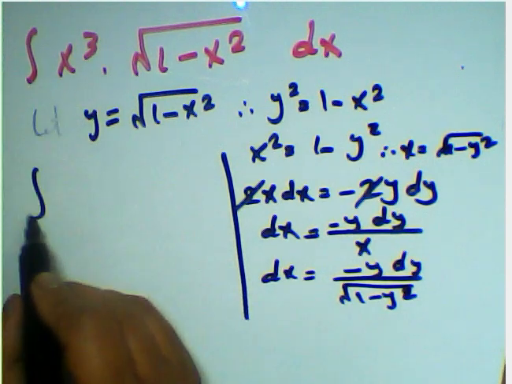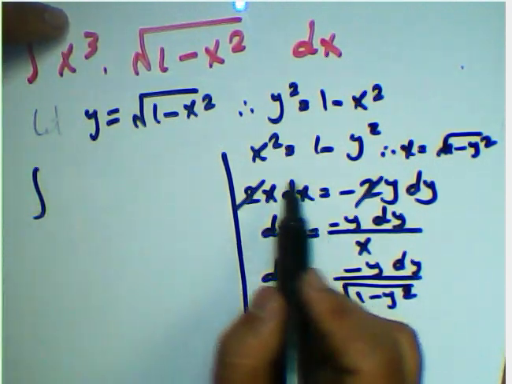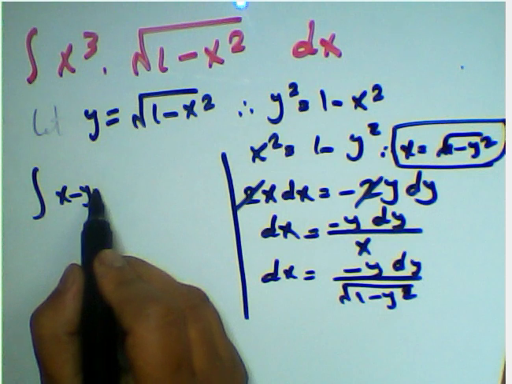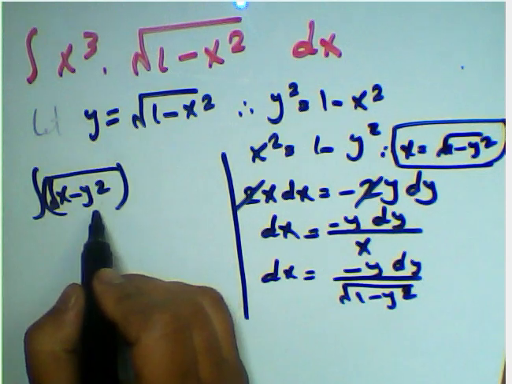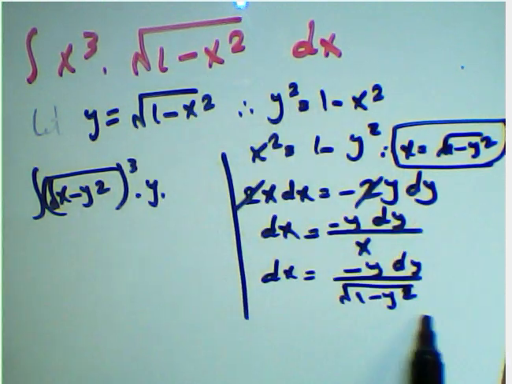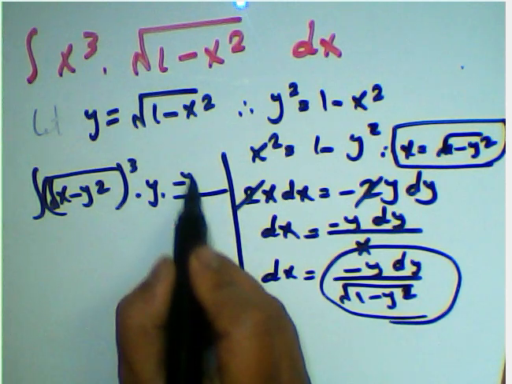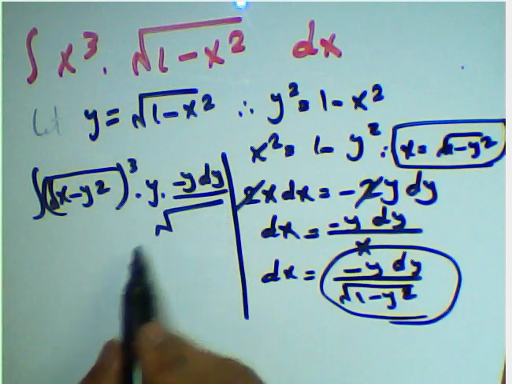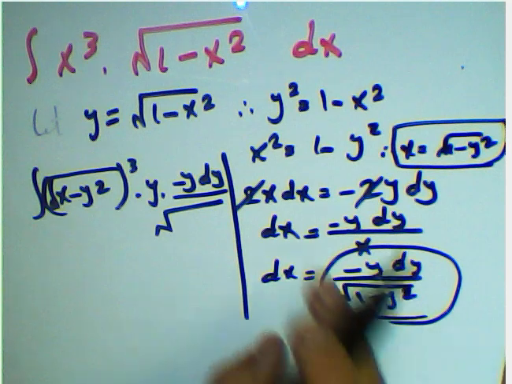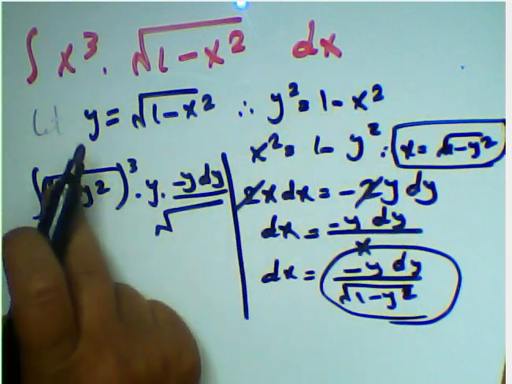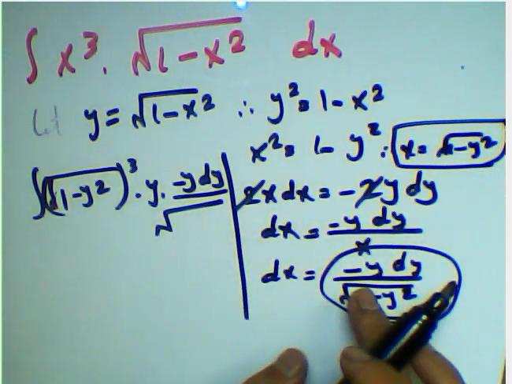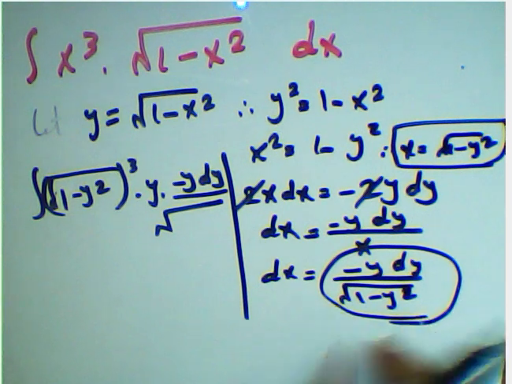Okay, look at the function here, x power 3, where x here is square root of 1 minus y power 2, all power 3, multiplication by this function y, multiplication by dx, this function here, negative y dy over square root of 1 minus y power 2. Again, y power 2 equal 1 minus x power 2, and this function dx equal negative y dy over square root of this function.